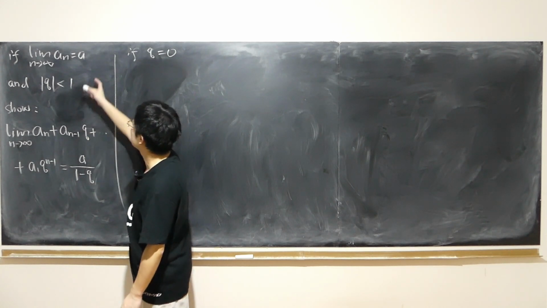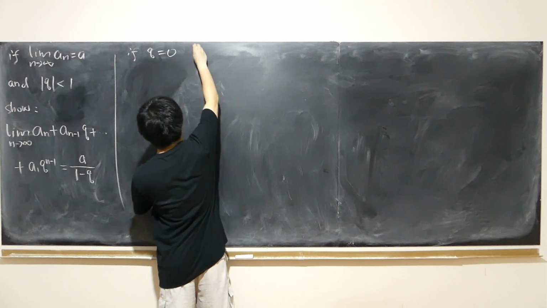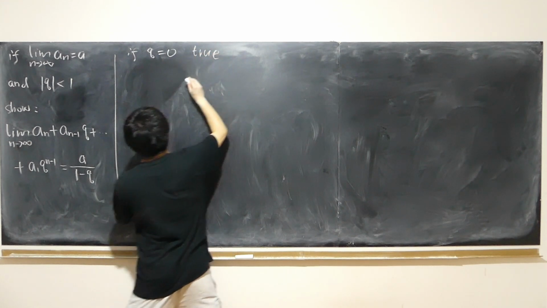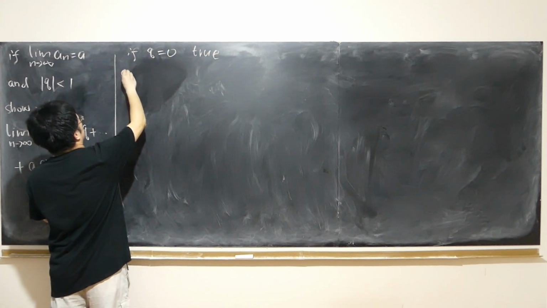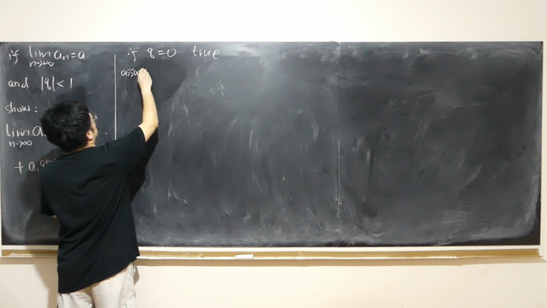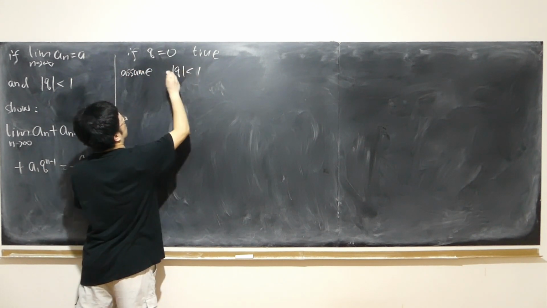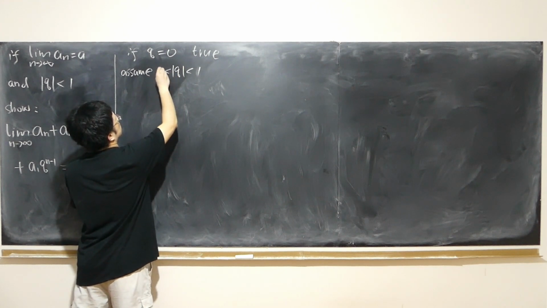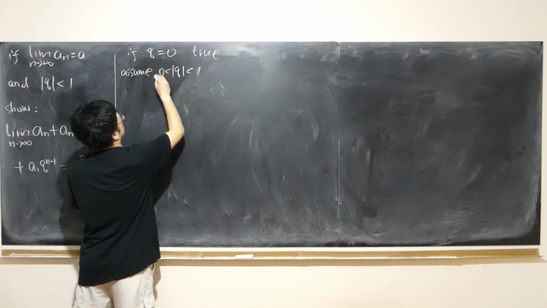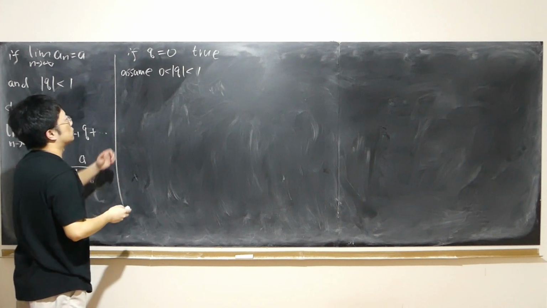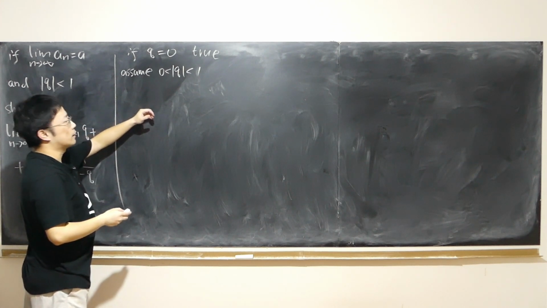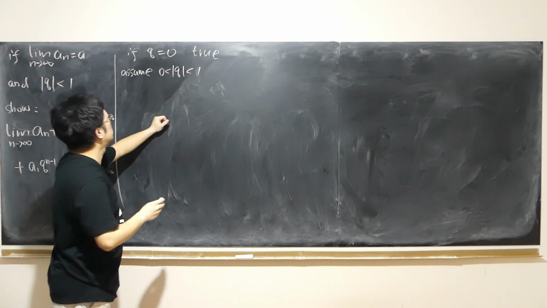Yes, equal to A. Right, so that's automatically true. So we will just assume that the absolute value of q is less than 1 and bigger than 0. Right? So it's from 0 to 1 or negative 1 to 0, excluding 0.